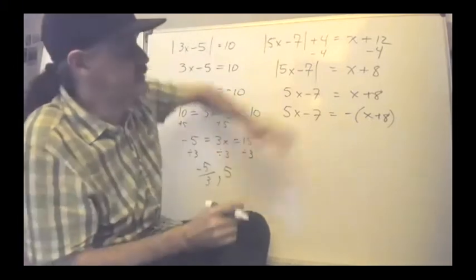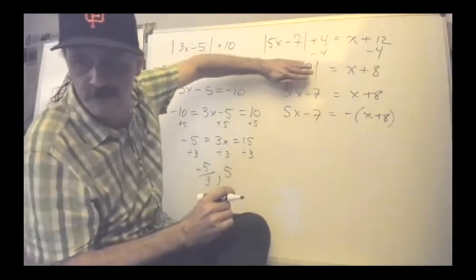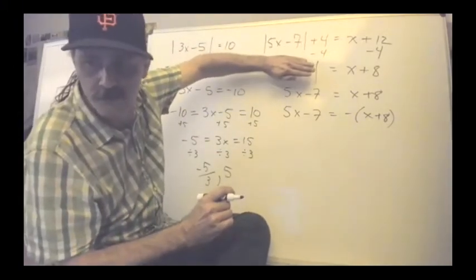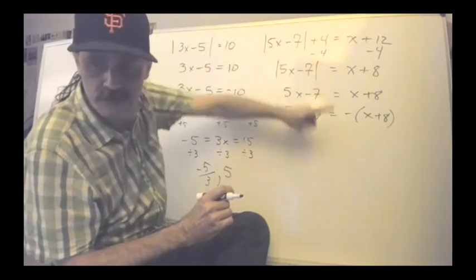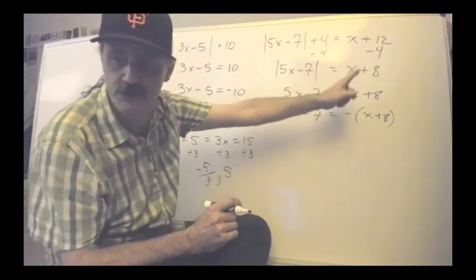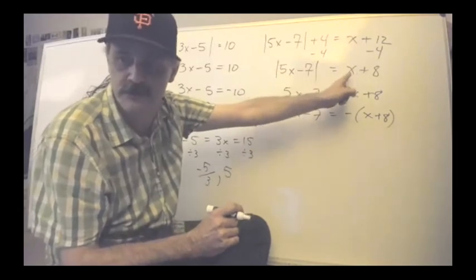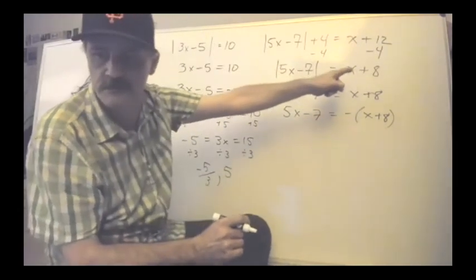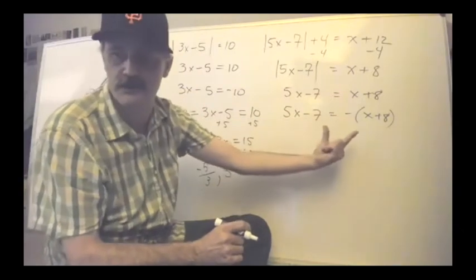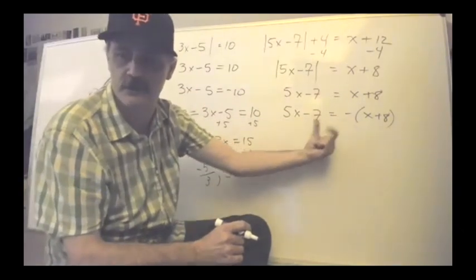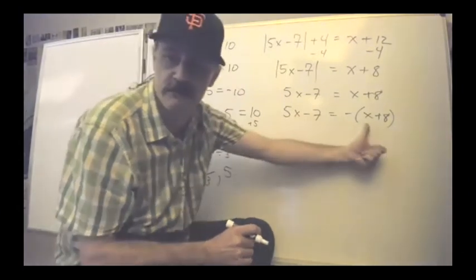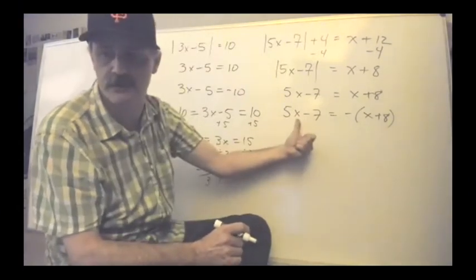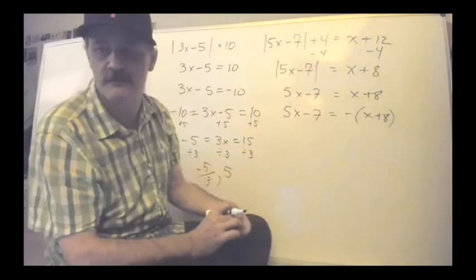Because the only way this can equal x plus 8 is if it's the same or if we had the opposite. And that's what this means. Now I'm choosing this side because x plus 8 is easier. So it doesn't matter which side you change the sign on when you get to the second equation. If you wanted to do that over here, you could. Just change the sign of one side for your second equation when it's more complicated like this.